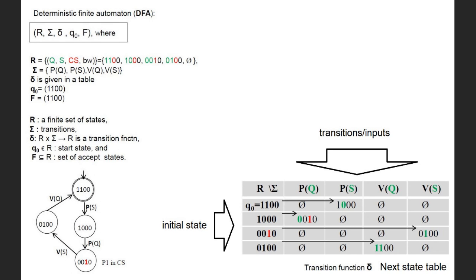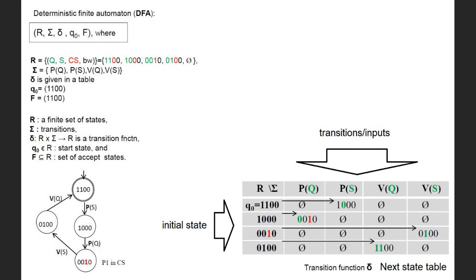So, a certain example for an operating system, you have the graph of the system in which we have 4 states, we have inputs. So the first state was 1100, we act with the input PS and we have a new state and so on.